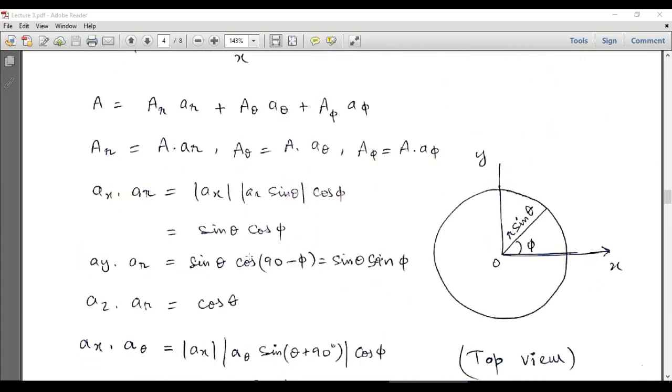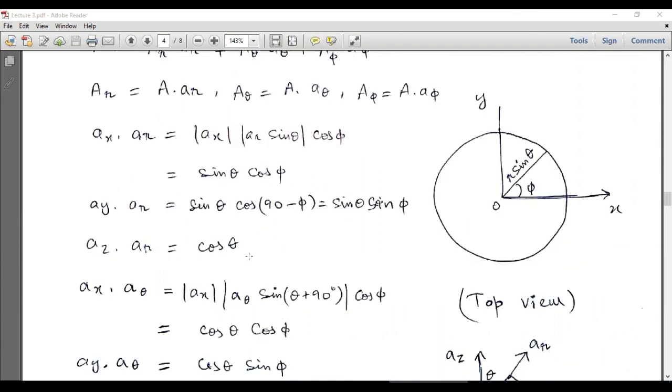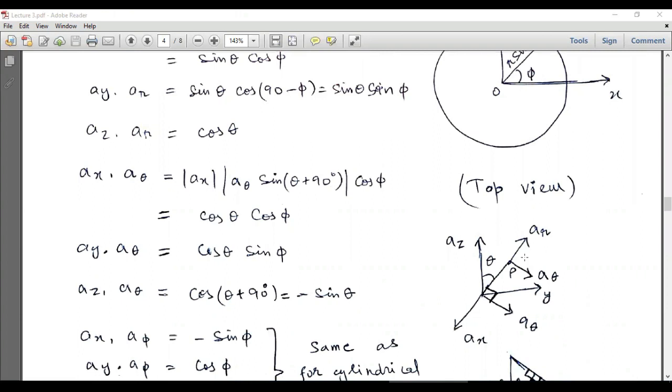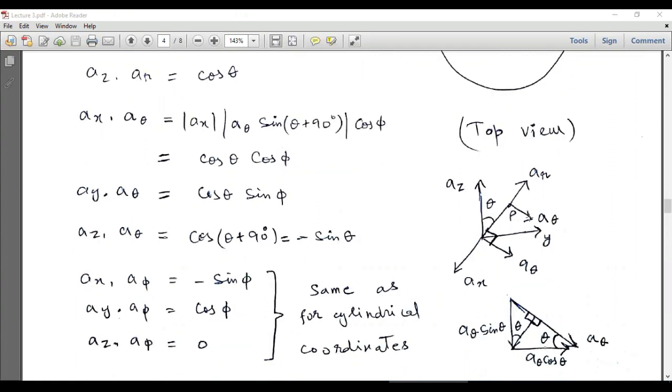So it is simple. Now we will calculate a_x dot a_theta, right? So again, this is a_r and this is a_theta, tangent to the point, directed away from the z-axis. So again, we have to find out the component of a_theta which is lying in the xy plane. So again, this a_theta has two components, right? So this is a_theta, and we know that this is the angle theta.